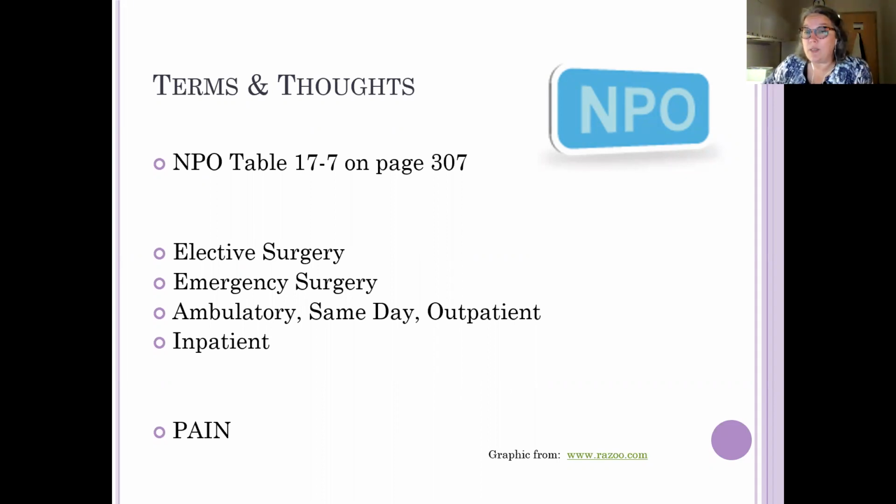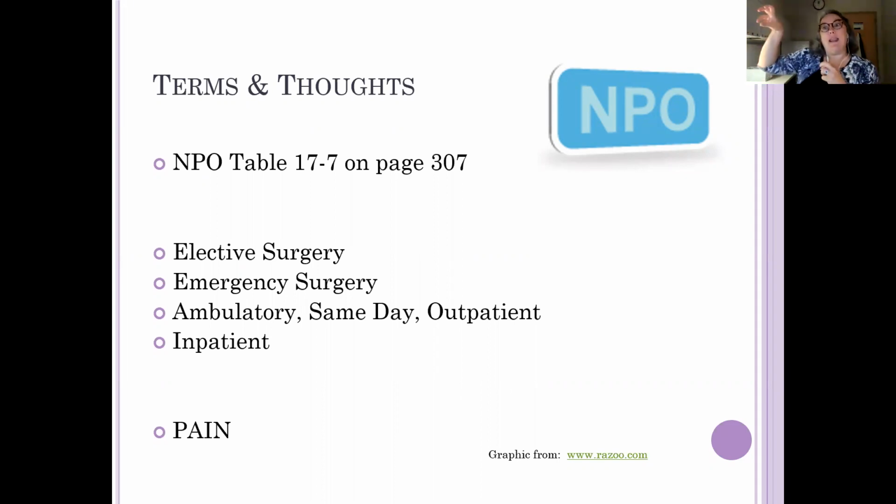Like, let's say for whatever reason, somebody is at the Olive Garden and they just finished their pasta and they have a heart attack. We're not going to have them wait 8 hours to have heart surgery after having a heart attack at the Olive Garden.